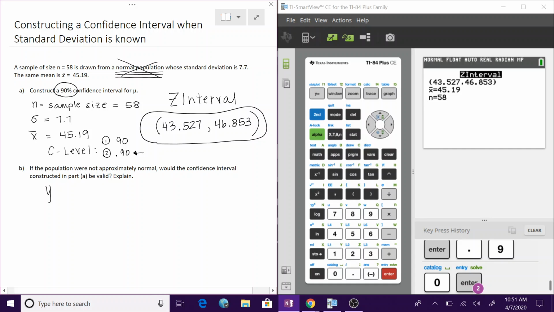So yes. And the reason for that is because my n value is greater than 30. My n equals 58. So because this happens, this is one of our stipulations for using z interval. Because my n is greater than 30, it is okay to assume that it is approximately normal.